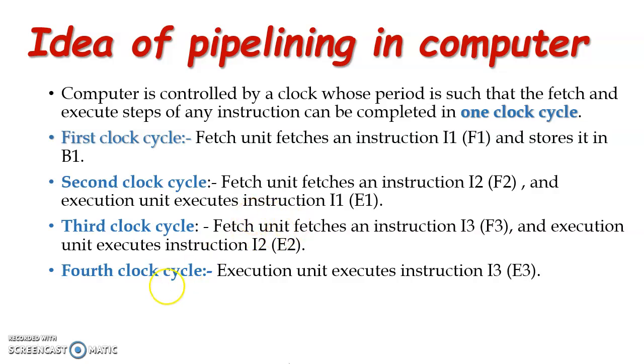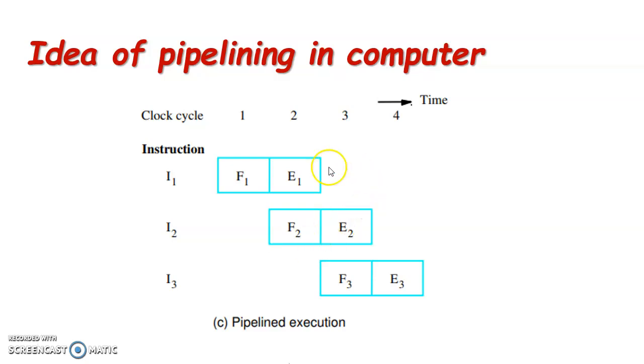In the fourth clock cycle, the execution unit executes the third instruction. Its sequence can be represented by this diagram.